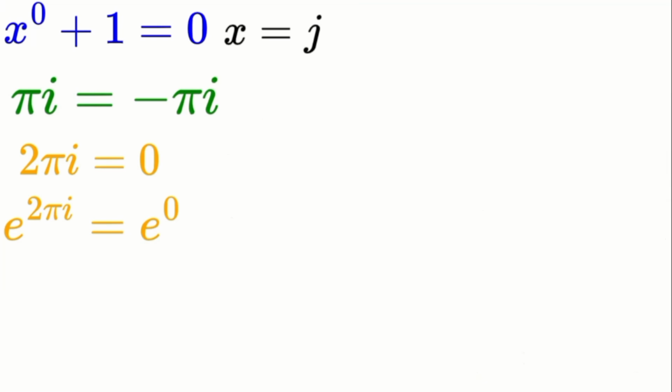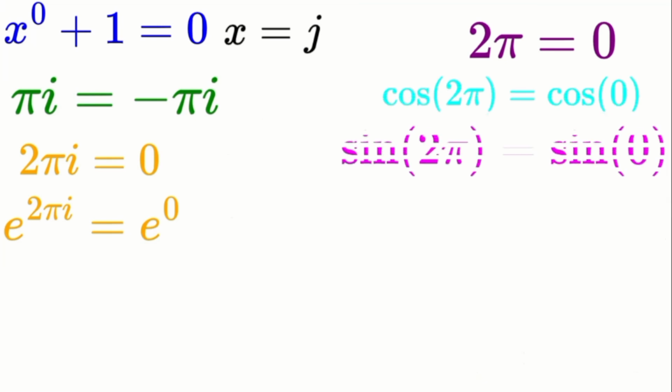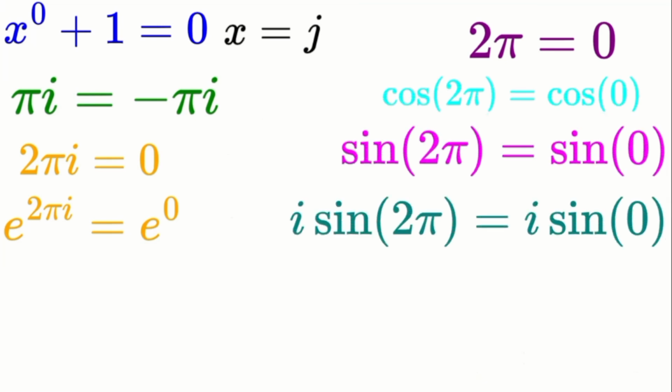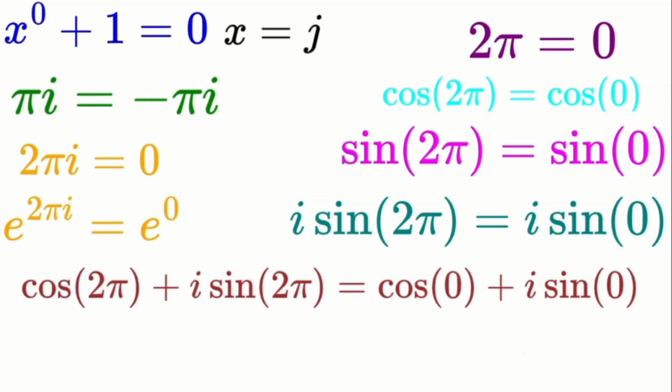So, in this rotational system, both 0 and 2 pi are the same because they represent the same point after a full rotation. Let's test this idea with some basic trigonometry. If we take the cosine of 2 pi, we get the same result as the cosine of 0, and if we take the sine of 2 pi, we get the same result as the sine of 0. If we multiply both sides of the sine equations by i, we get i times the sine of 2 pi equals i times the sine of 0.